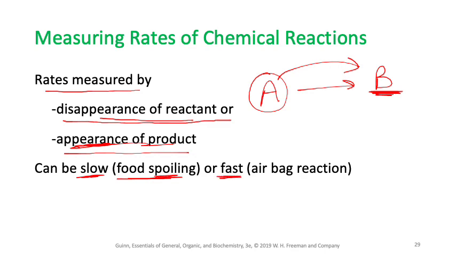The other type is a fast reaction. The fast reaction is the airbag reaction. If there is a car crash, the airbags in the car deploy faster, right, at the time of the crash. That reaction is very fast, right? So this is how you can measure whether the reaction is slower or faster.